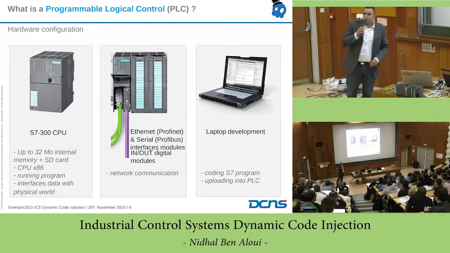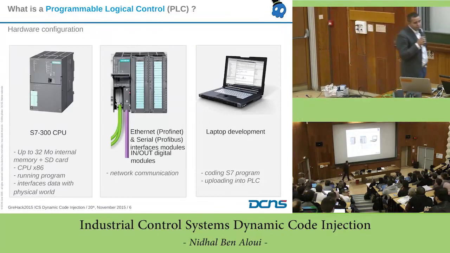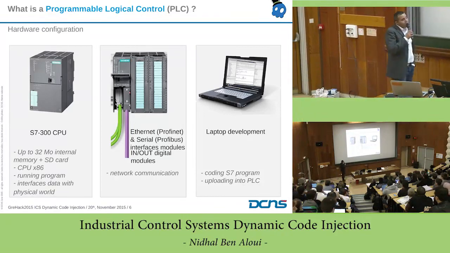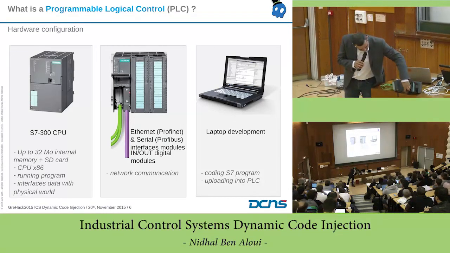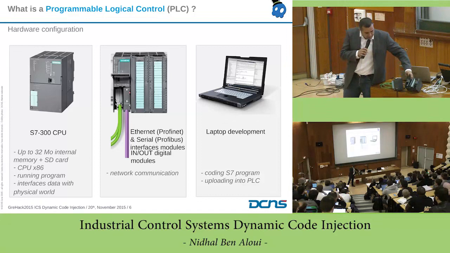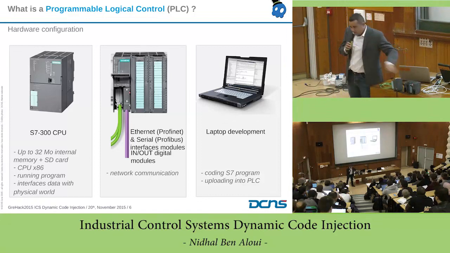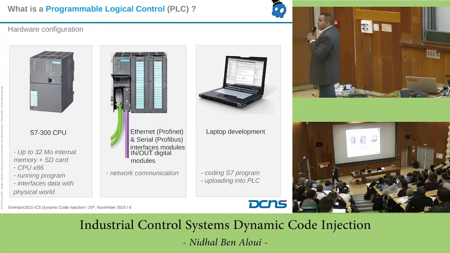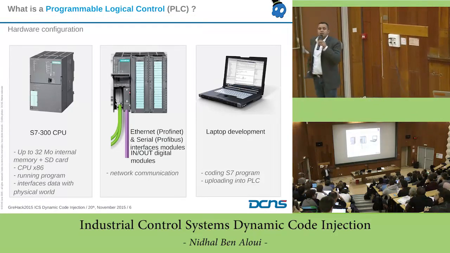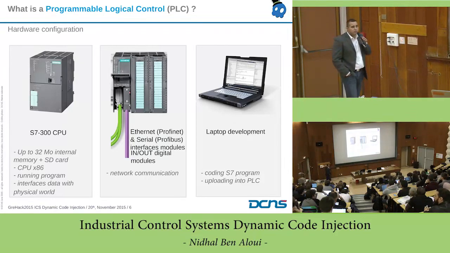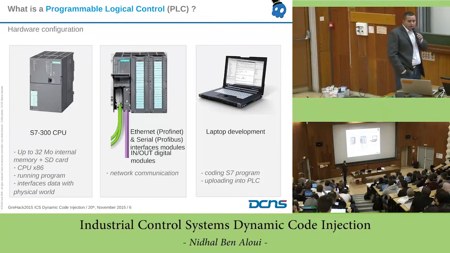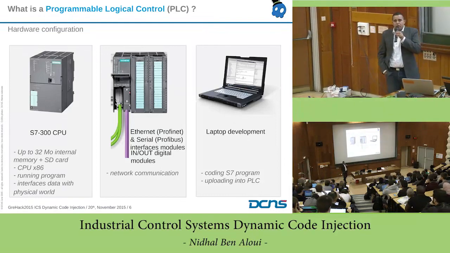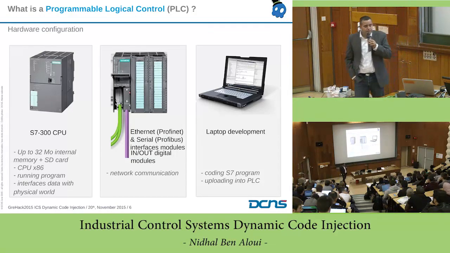More simply, you don't need to have a good comprehension of the equipment. You can also use a serial bus to communicate with the CPU here. We have two kinds of communication protocol. MPI is a specific communication protocol with a specific serial cable of Siemens, and you can also use the Modbus protocol.